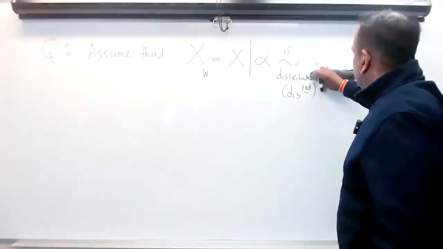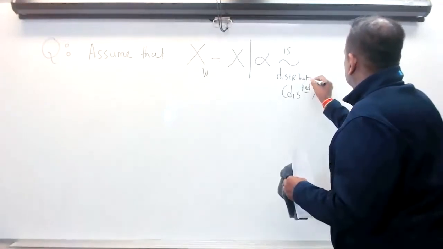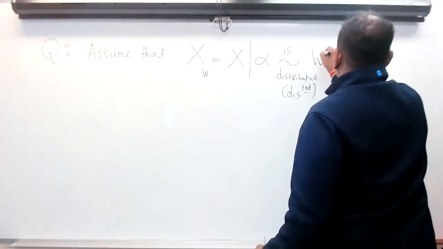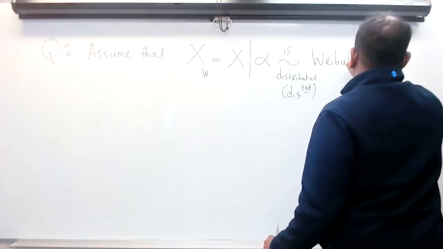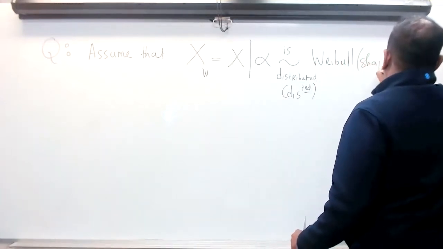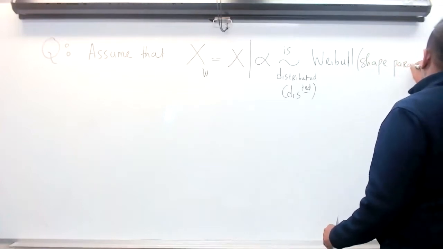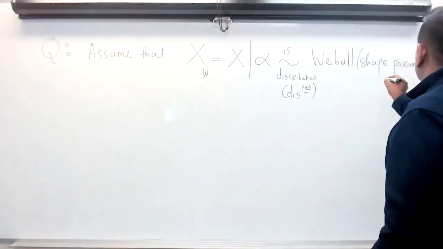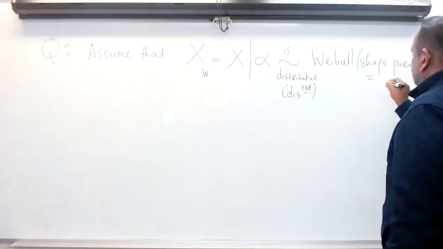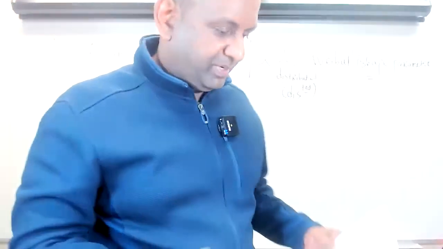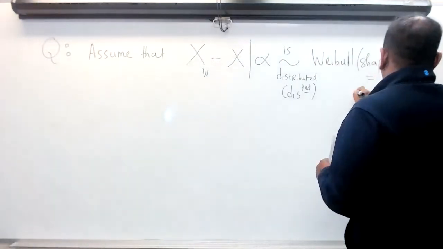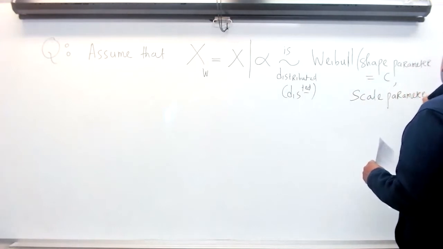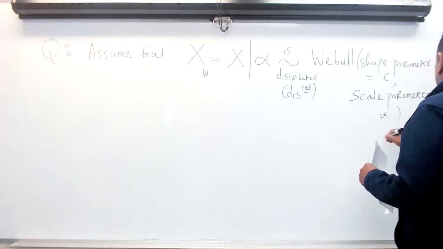Distributed Weibull with shape parameter equals C and scale parameter equals alpha.